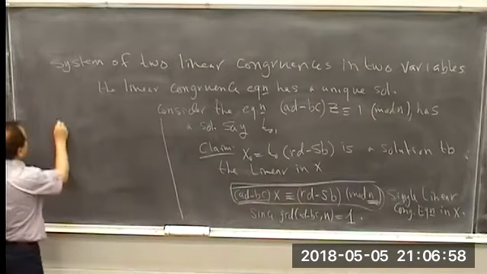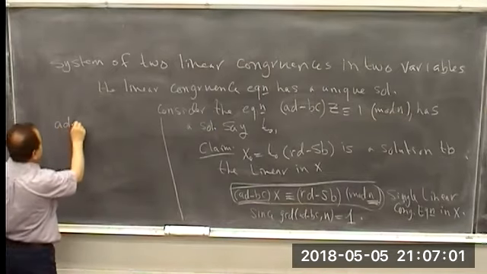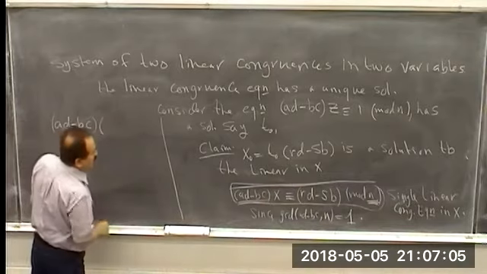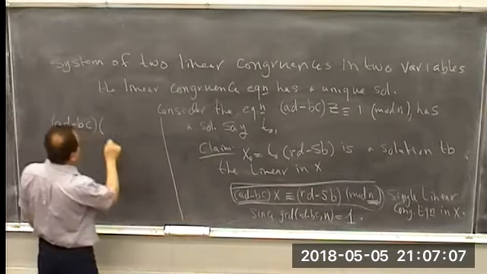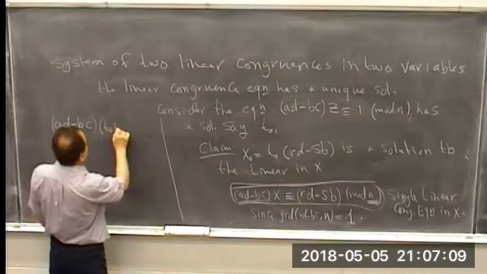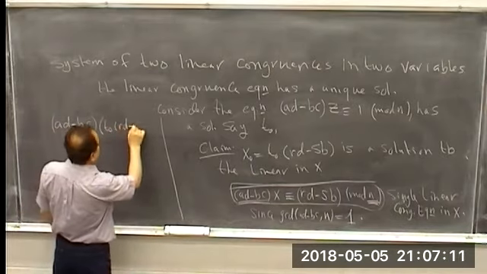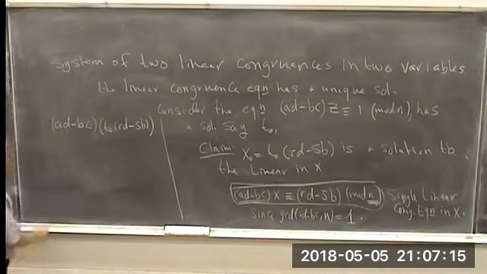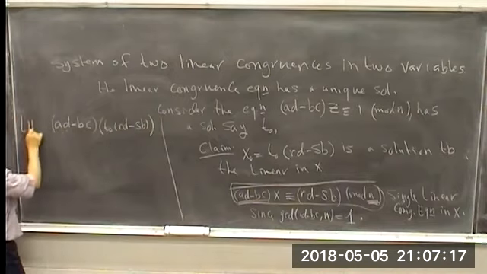So we have AD minus BC multiplied by x sub 0, which is T sub 0 times RD minus SP. Okay, so we're going to check this, the left-hand side.